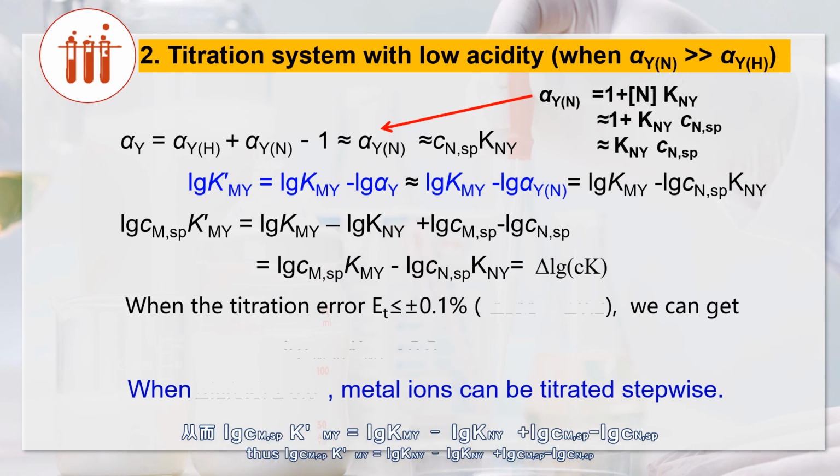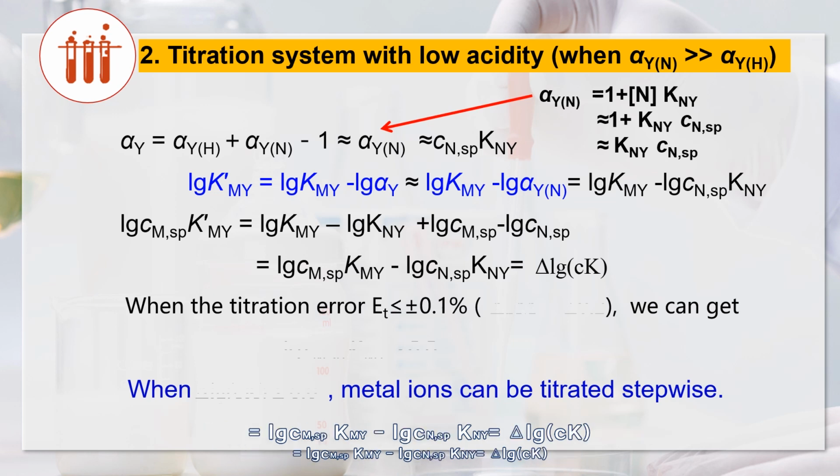Thus, log C(M)sp K'(MY) equals log K(MY) minus log K(NY) plus log C(M)sp minus log C(N)sp, equal to log C(M)sp K(MY) minus log C(N)sp K(NY), equal to delta log CK.